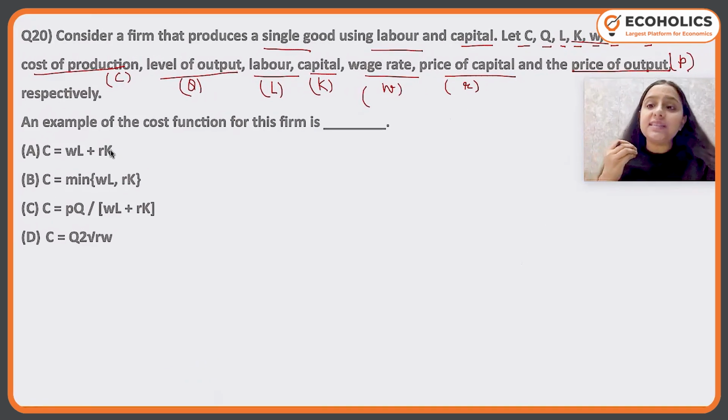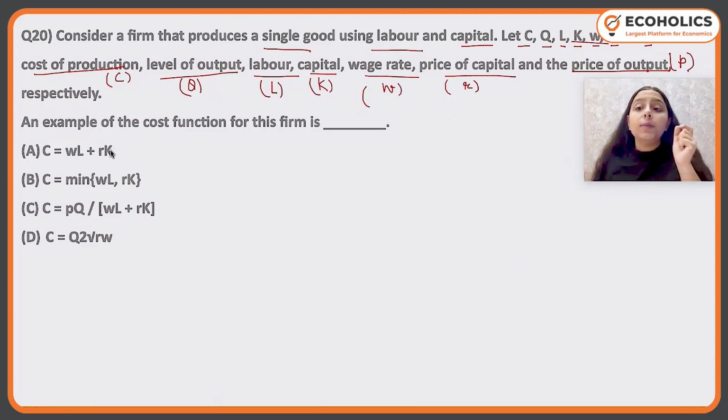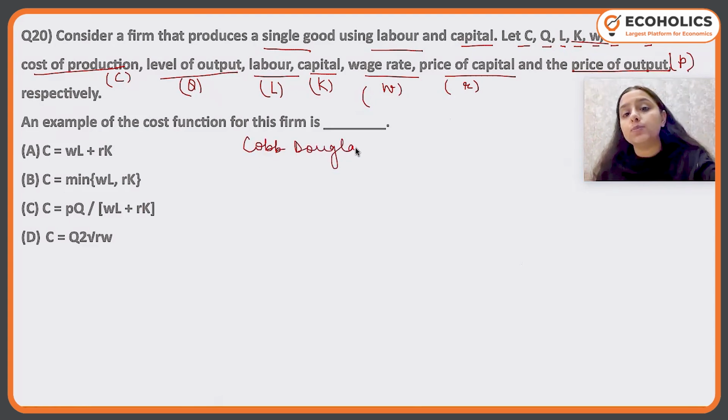Now, in such scenarios, the first thing is this is a firm which is using all of these resources. So the availability of all these factors which are given to us, Q, C, L, K, W, R, P, hint toward the presence of a Cobb-Douglas production function.